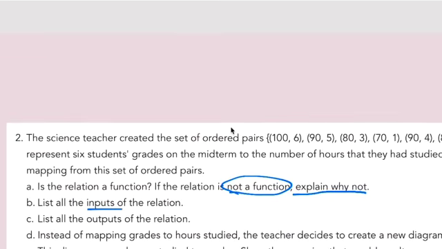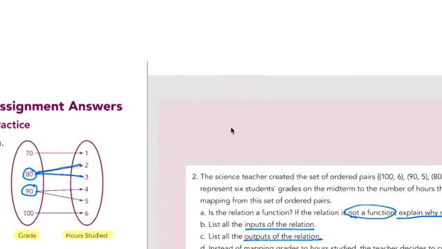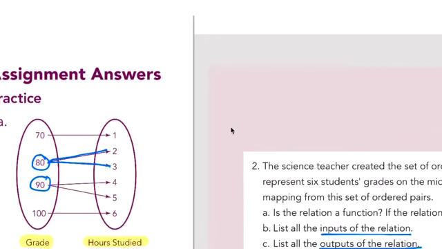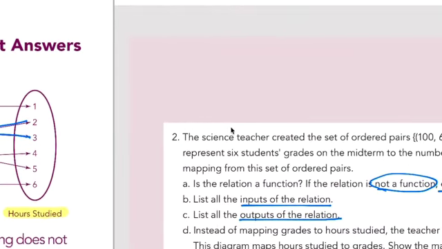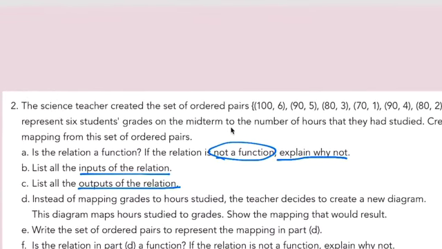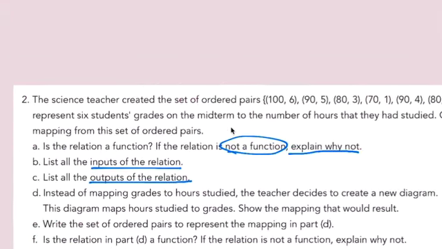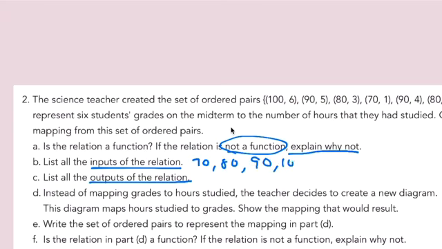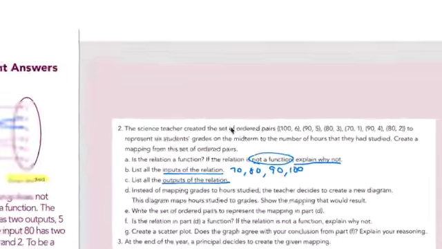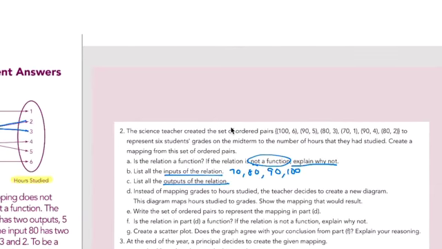List all the inputs in the relation. List all the outputs. Okay. The inputs, you would list them there: 70, 80, 90, and 100, right? The outputs are 1, 2, 3, 4, 5, 6.